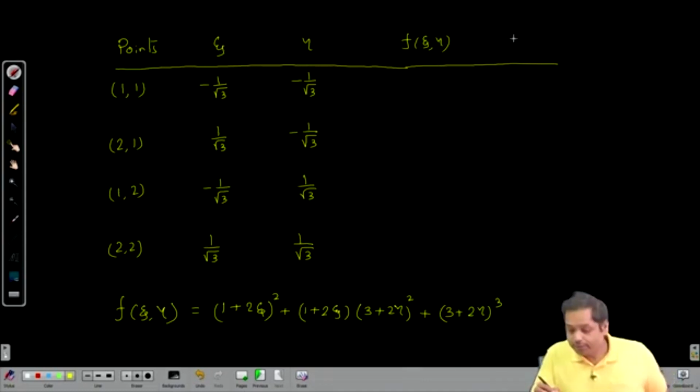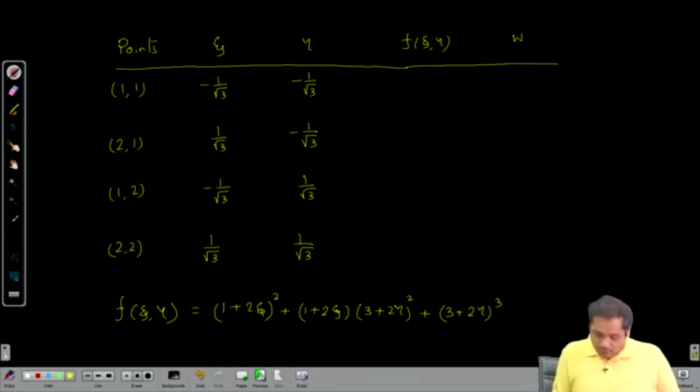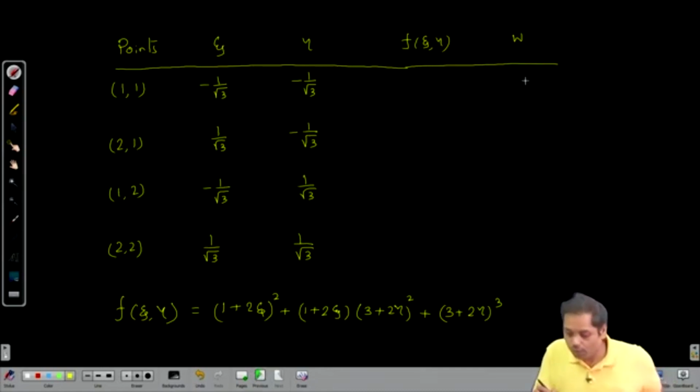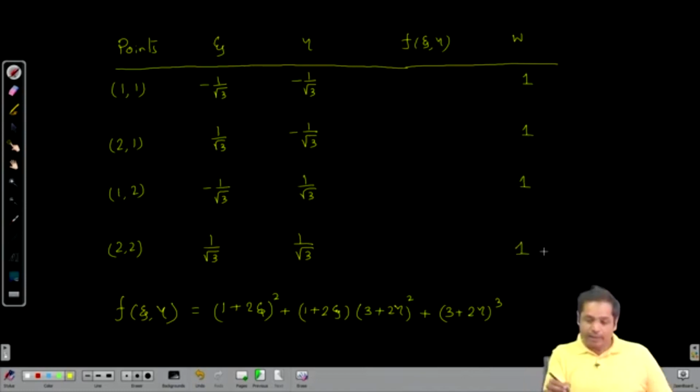And then weights. Now if we look at the weights for this 2-point quadrature rule, all are 1. So weight is 1 here, weight is 1, here also weight is 1, here also weight is 1. Let us evaluate f for each xi, eta and I'll just write the values here.